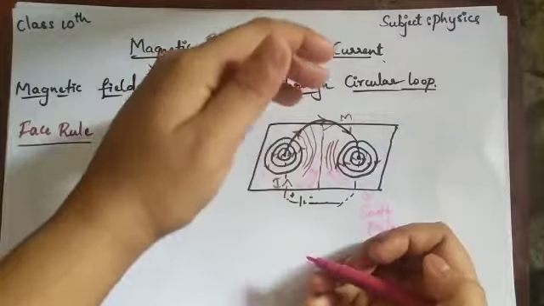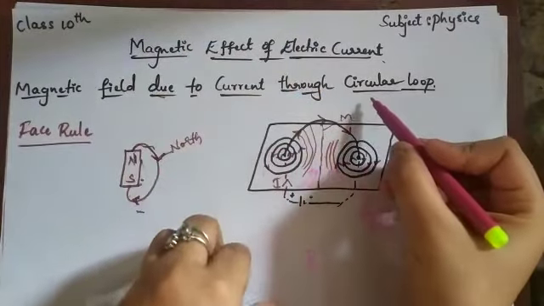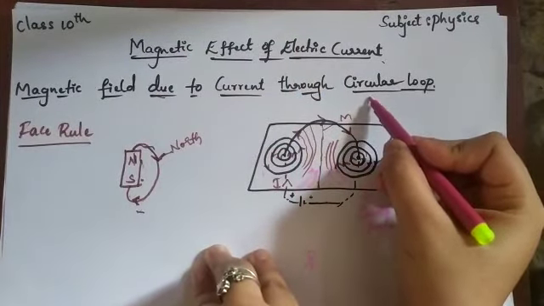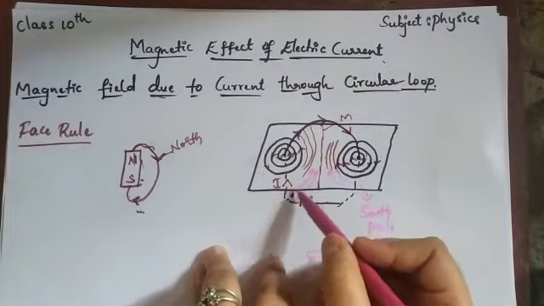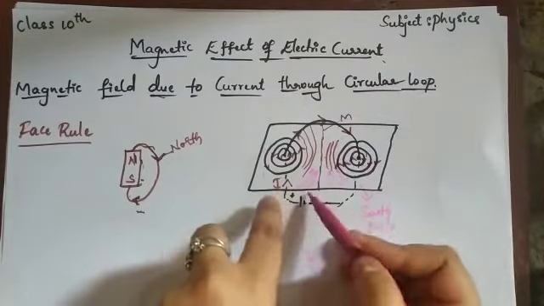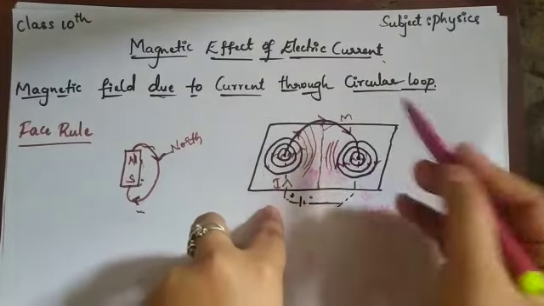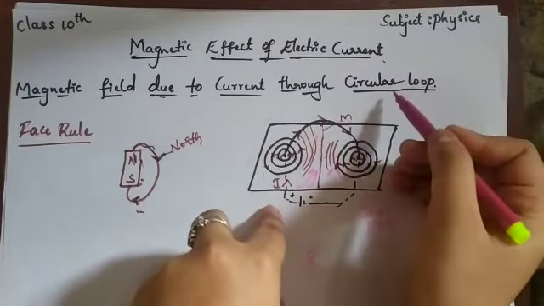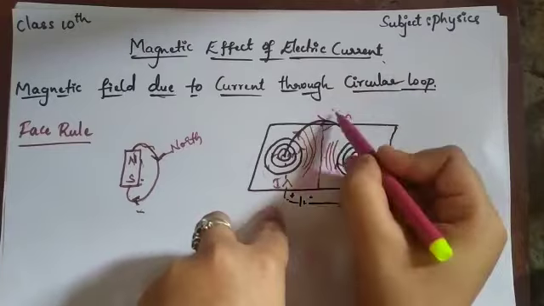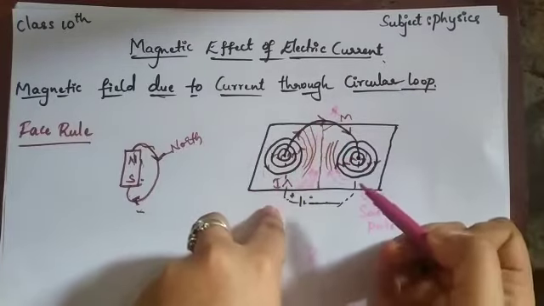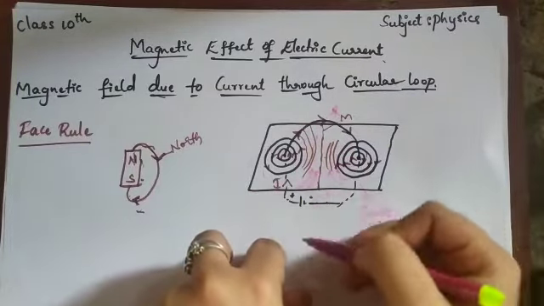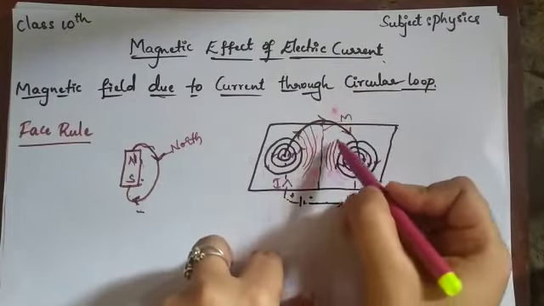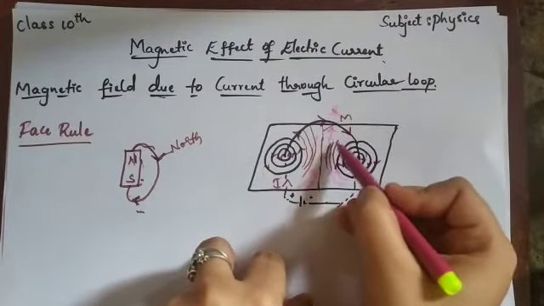Now if I am standing here, if I see from this position, the magnetic field lines are going outwards.